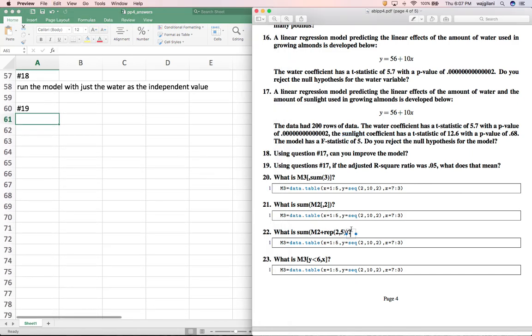Okay, number 19. Using question number 17, if the adjusted R square ratio was 0.05, what does that mean? Who remembers what the adjusted R square ratio says?